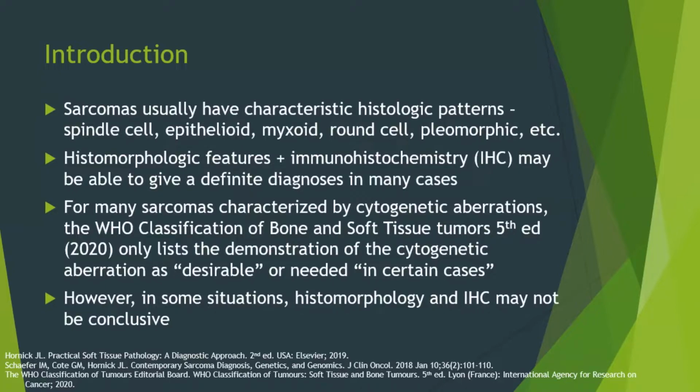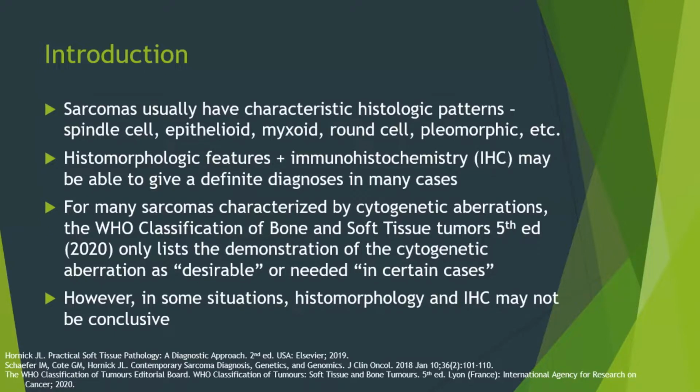Now, if the tumor can be diagnosed based on these histomorphologic features, H&E and IHCs, molecular tests are actually not needed. In fact, for many sarcomas characterized by cytogenetic aberrations, such as synovial sarcoma, Ewing sarcoma, or alveolar soft part sarcoma, the latest edition of the WHO classification of bone and soft tissue tumors, or the Blue Book, they only say that demonstration of the cytogenetic aberration via molecular testing is desirable or nice to have and is only necessary in certain cases.